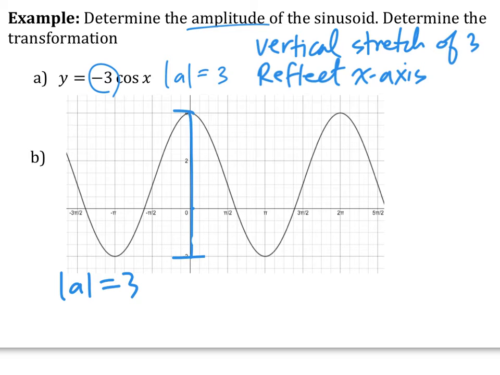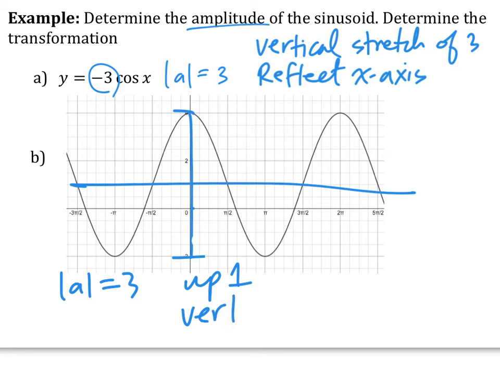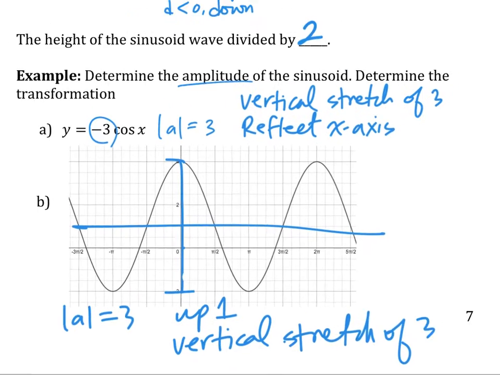The center of the graph, going up and down, was supposed to be at 0, but you can see that this has moved to around here, which is 1. So I know that this graph has moved up 1. And then knowing that this amplitude is 3, I know that there is a vertical stretch of 3. And that's it.